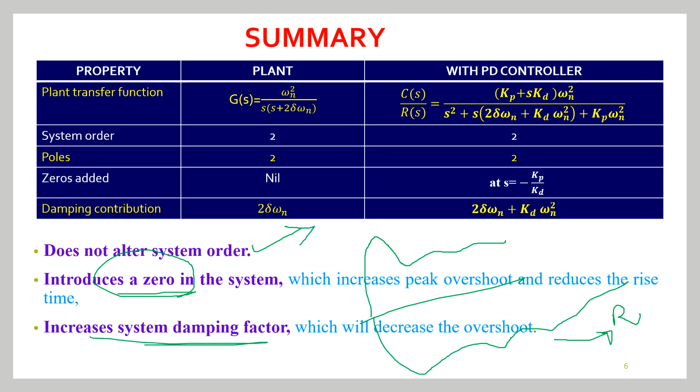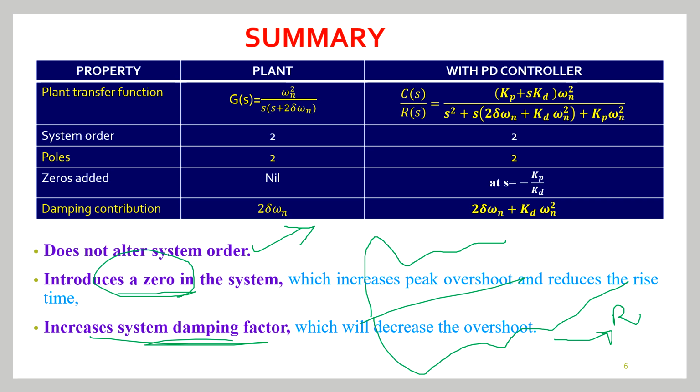There is an increase in the system damping factor. The damping factor suppresses the oscillation. It decreases the overshoot. When a 0 is introduced on the RHS, it will create undershoot. But in this example, we have introduced a 0 in the LHS, so it only creates an overshoot and not an undershoot.